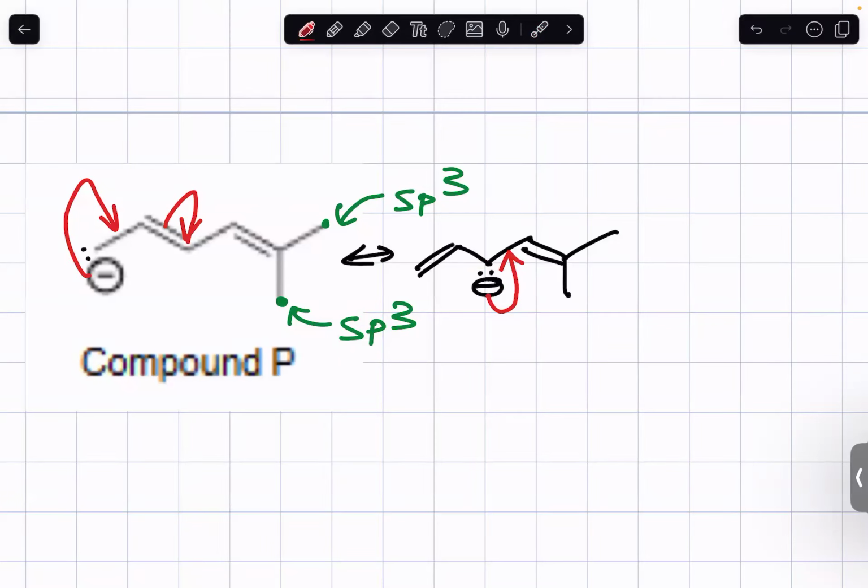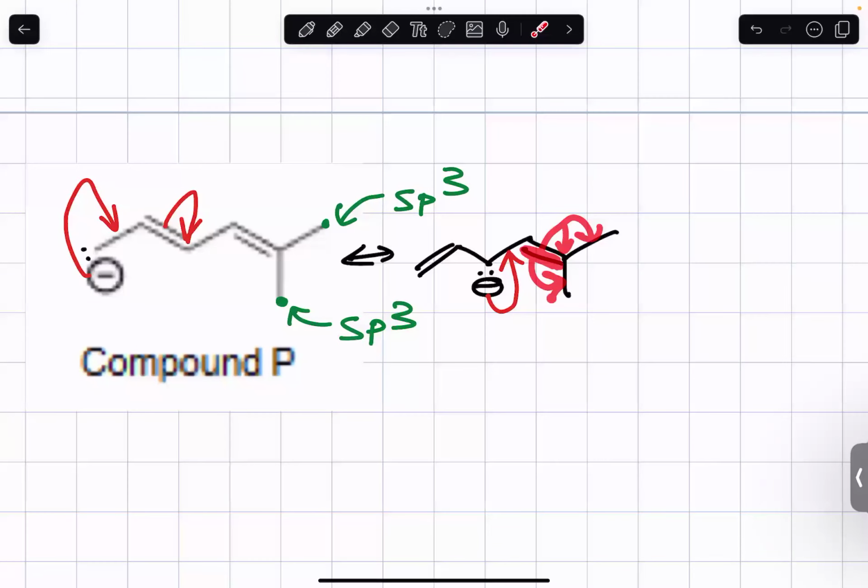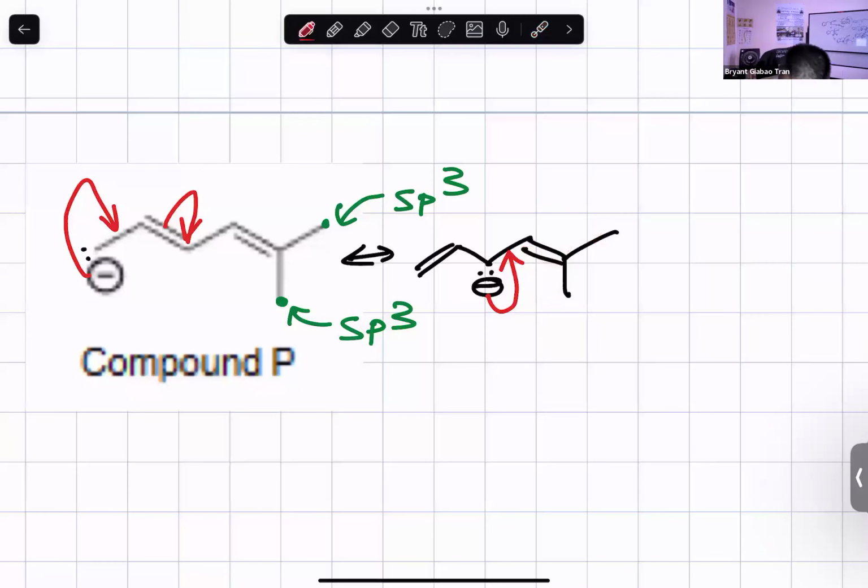And this bond right here, what is this bond going to do here? It's going to want to move over to make a pair of electrons on this carbon, or make a double bond. Pair of electrons. Yeah, pair of electrons, that's right.